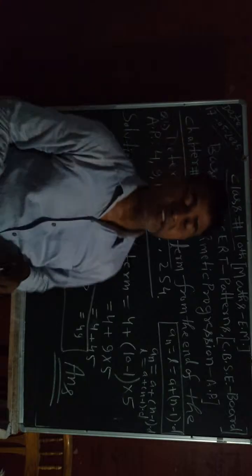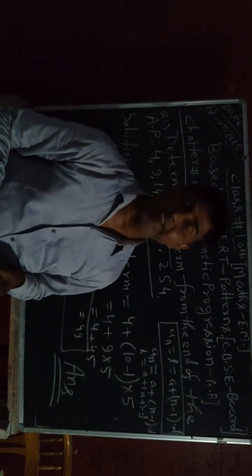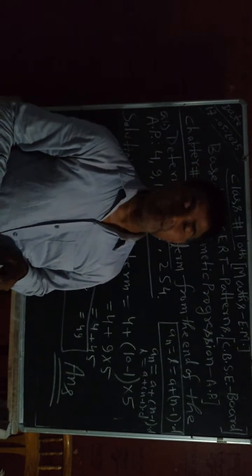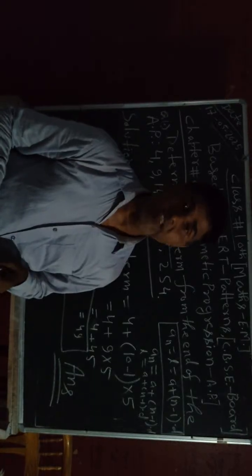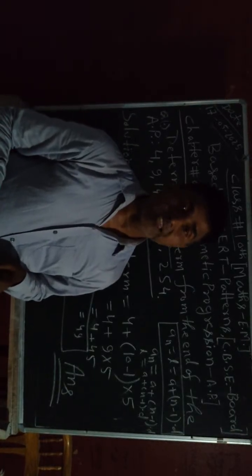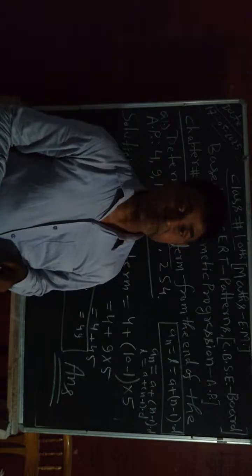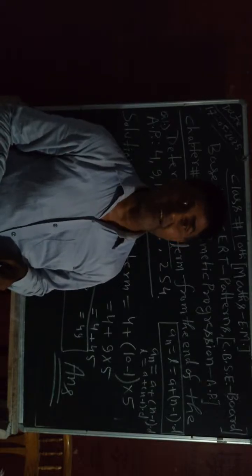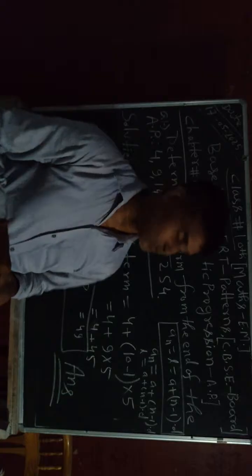Now you concentrate on this topic. I am going to explain another new topic which is based on arithmetic progression. That topic will be the sum of the first n terms of an AP series. Okay student, the next topic I have to explain.